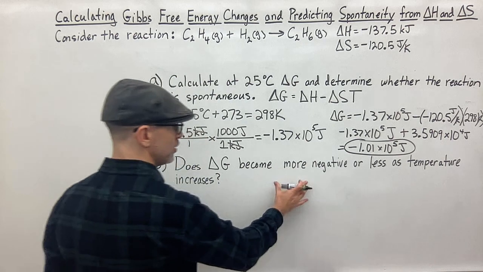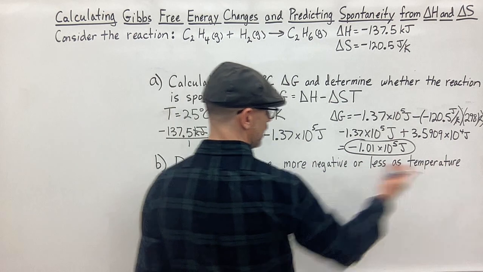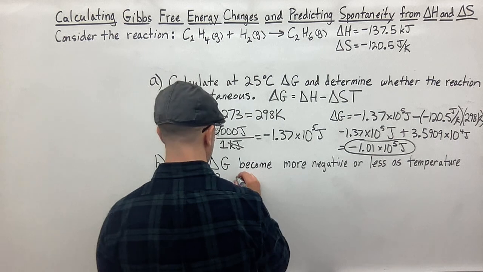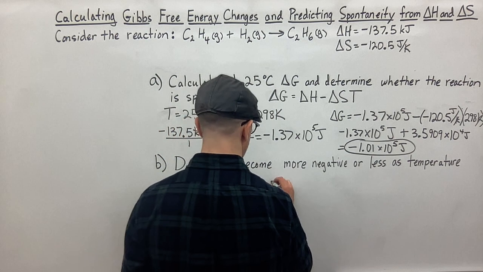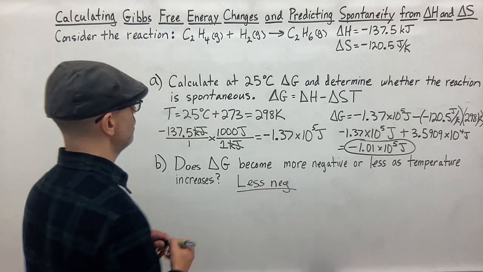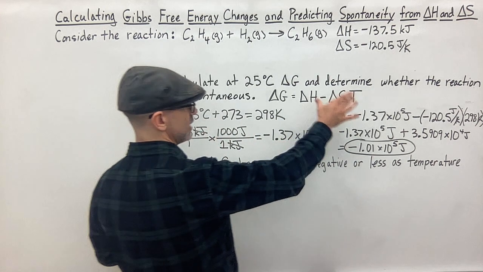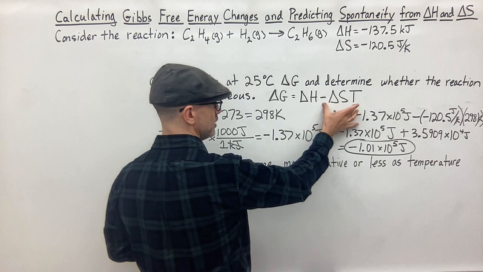So to answer this question, does the delta G become more negative or less negative as temperature increases? It becomes less negative, because, as I said, as temperature increases, this is negative, that's a positive.